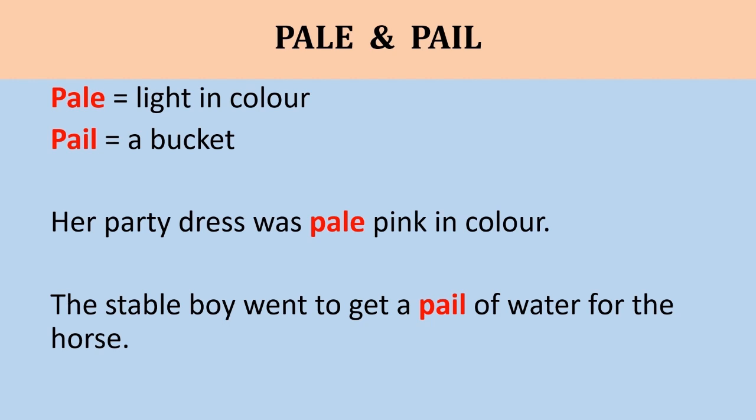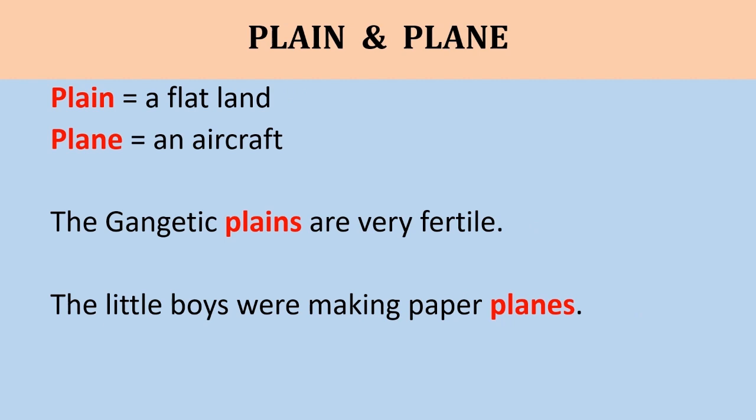Now we have two sentences using these. Her party dress was pale pink in color. That is PALE. The stable boy went to get a pail of water for the horse. That is PAIL.